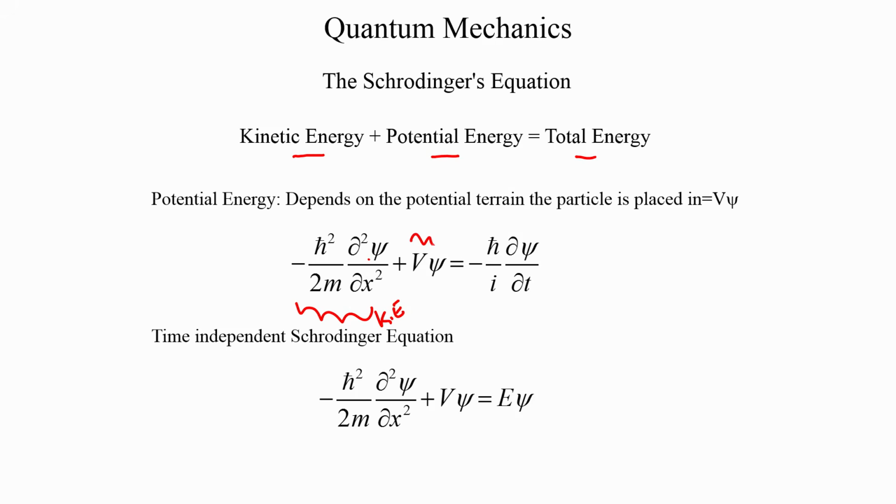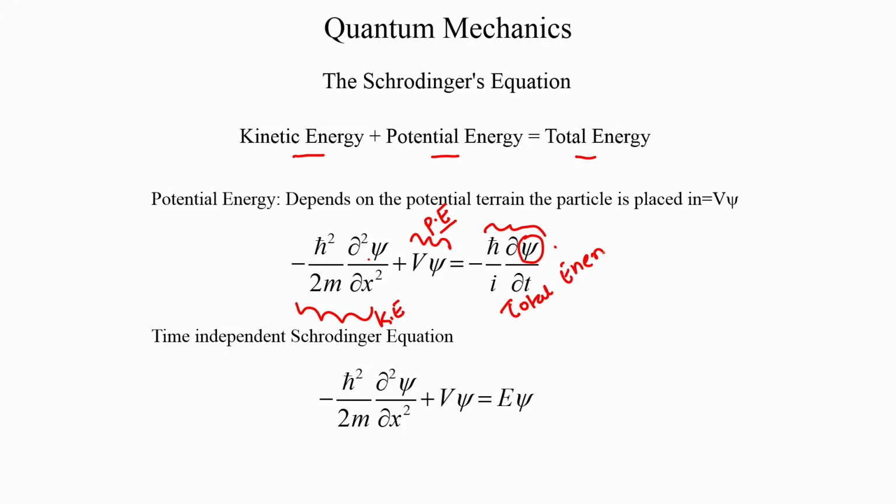The potential energy is dependent on the potential terrain or the potential profile in which this wave particle sits, and based on the different experiments or the different models that we study, this potential terrain needs to be identified and defined correctly. And the total energy, which is the summation of the potential and kinetic energy, is given by the total energy operator operating on the wave function.